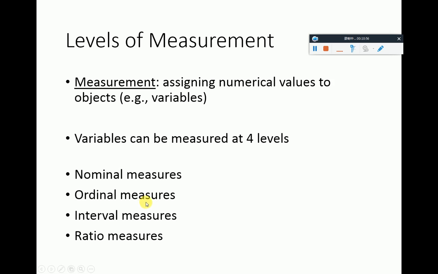Each provides some different information, so to speak, about the concept we're going to measure. Okay, so in the next 20 or so minutes, we'll be talking about the properties of each of these measures, starting from nominal, then to ordinal, interval, and then lastly, ratio.